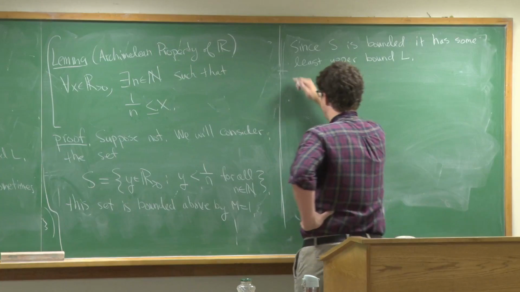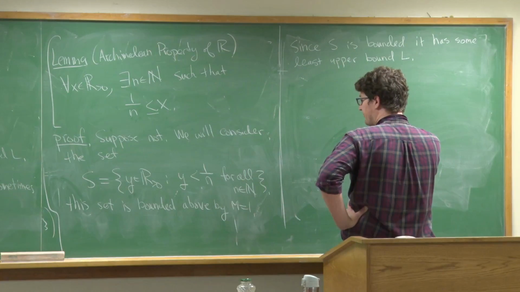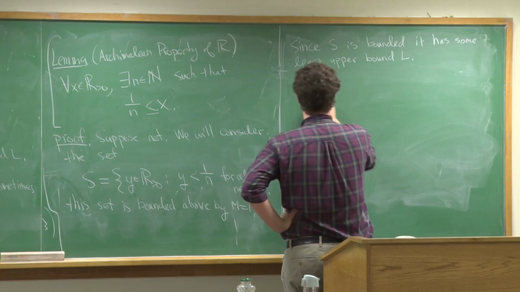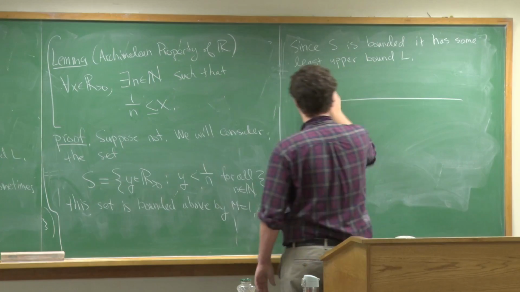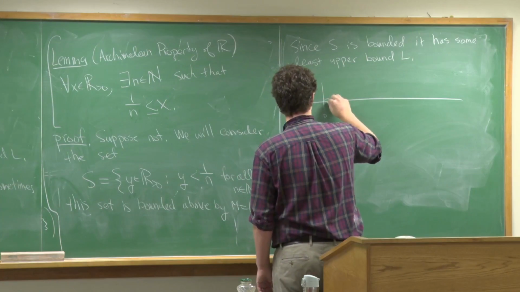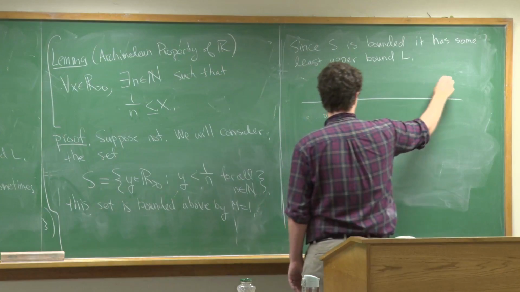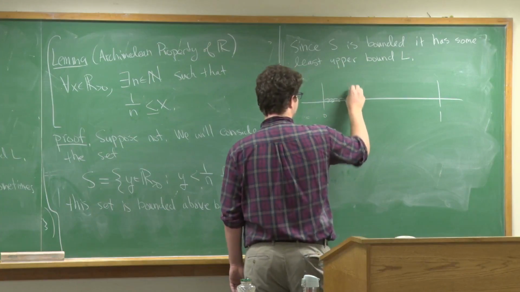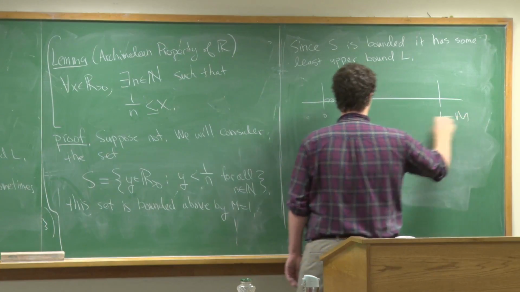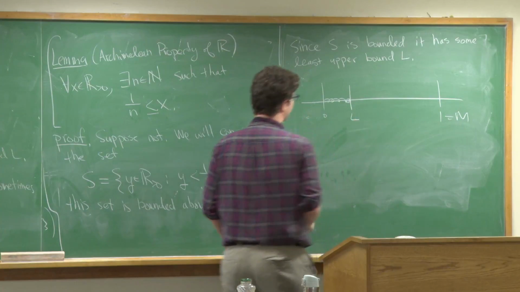So let me make the drawing. Here's 0, and then S is something here. And we know that 1 is over here. And since there's this bound 1, we get to conclude that there's a least upper bound L.